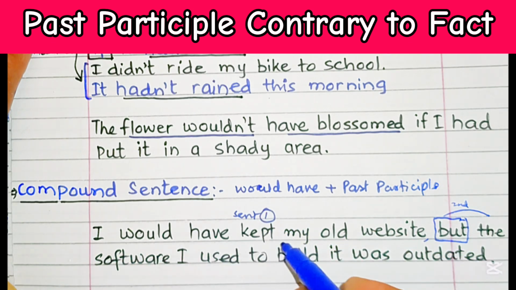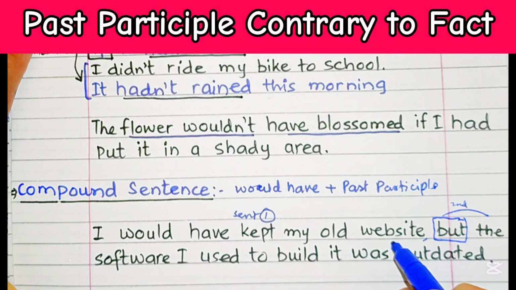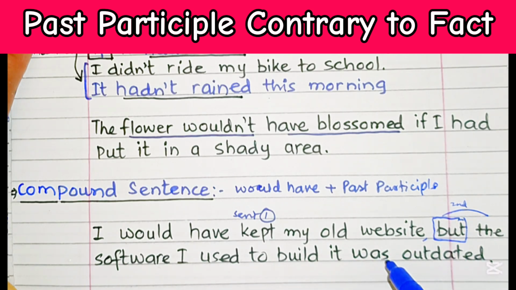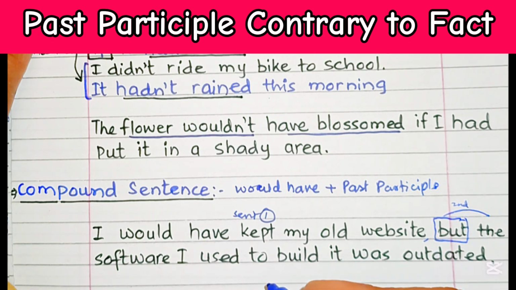So I would have kept my old website means I didn't keep my old website. Why? Because the software I used to build it was outdated. So it was difficult to work on the old website, so I sold it. And now I have a new website.